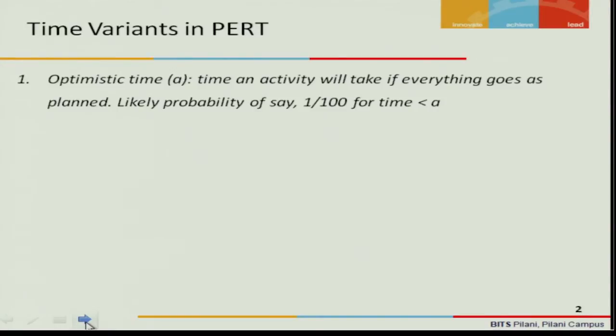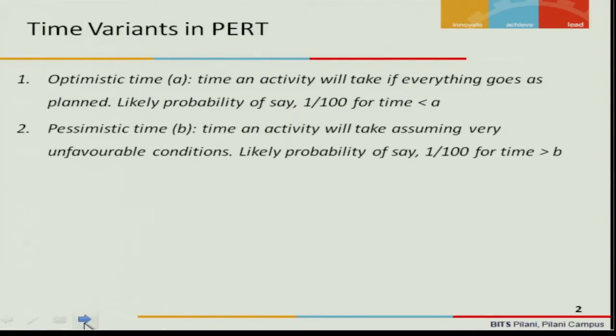The optimistic time estimate is the one where, if everything goes as per our plan, we will meet that time. The pessimistic time is the one wherein none of the activities will go as per the plan, and we will invariably end up with an extended lead time. And the most likely time is a more realistic time estimate.